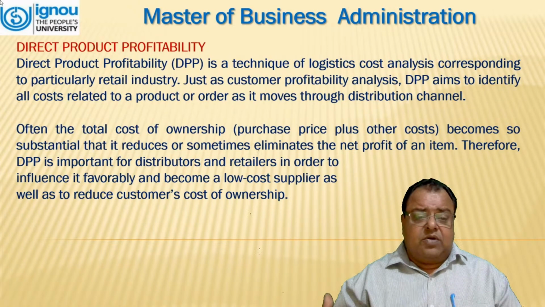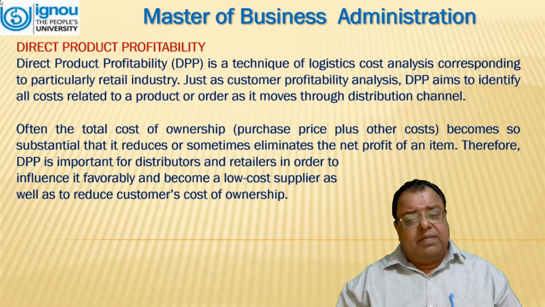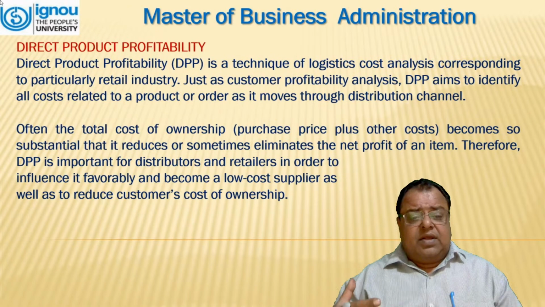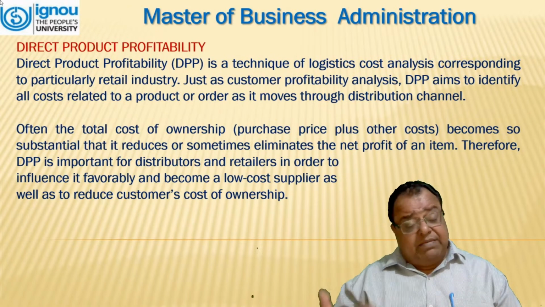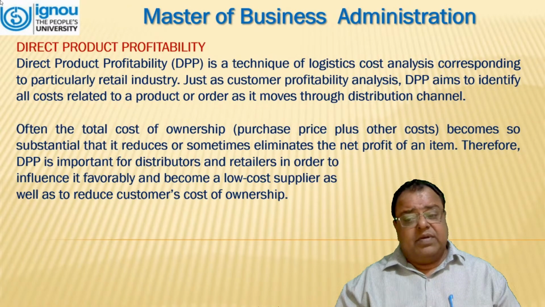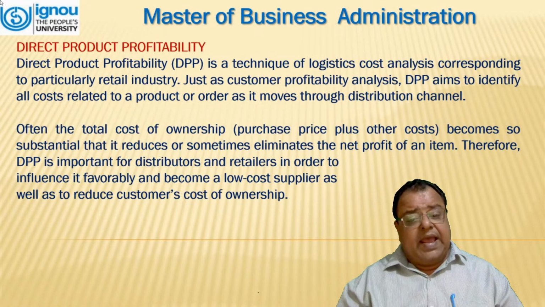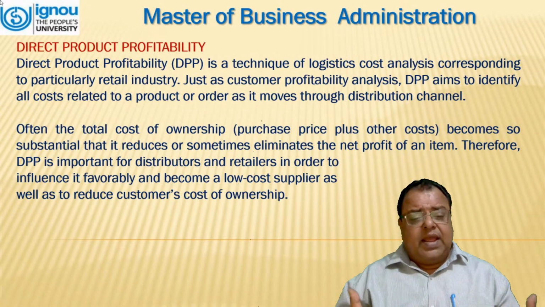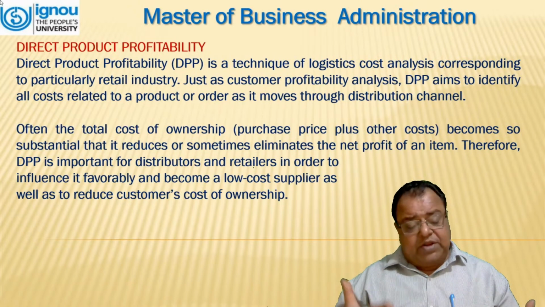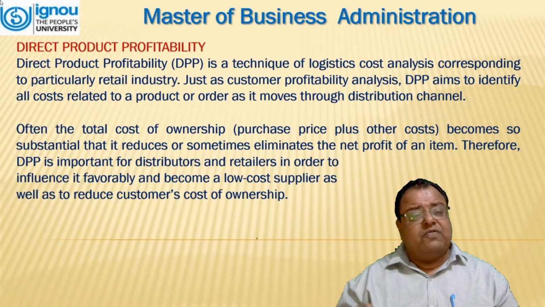Often, the total cost of ownership becomes so substantial that it reduces or sometimes eliminates the net profit of an item. Therefore, DPP is important for distributors and retailers in order to influence it favorably and become a low-cost supplier, as well as to reduce customers' cost of ownership.